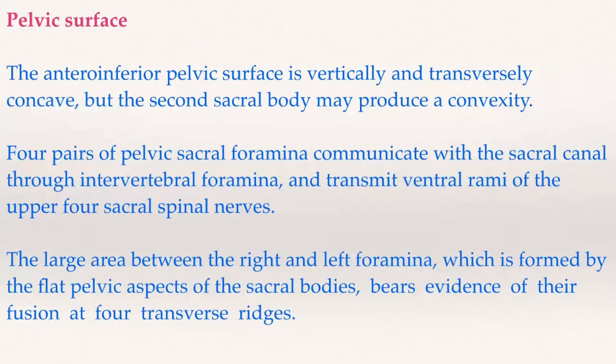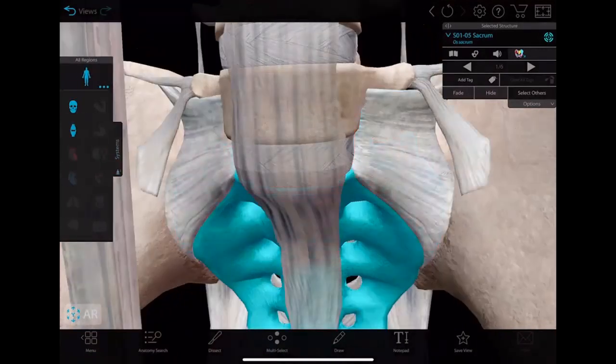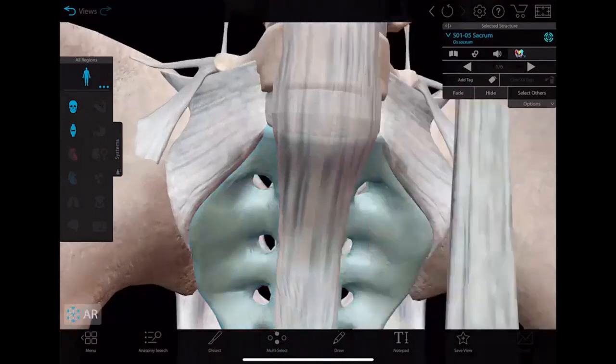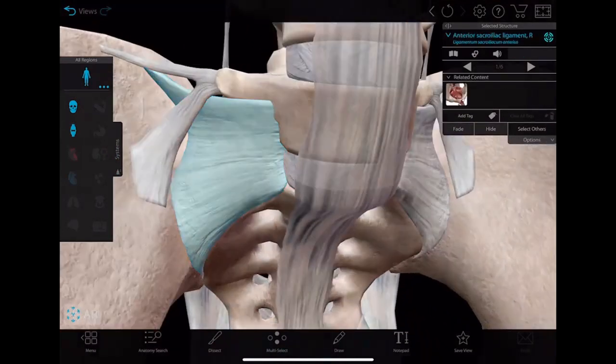Coming to the base, the base is the least modified from the vertebral body, right? It has the promontory and it has the ala. The ala has attachments with the iliolumbar ligament and is entirely covered by psoas major muscle, right? Now, this is the anterior sacroiliac ligament.